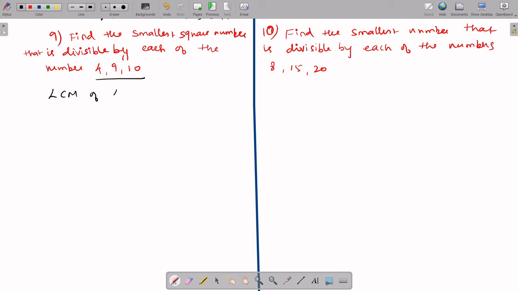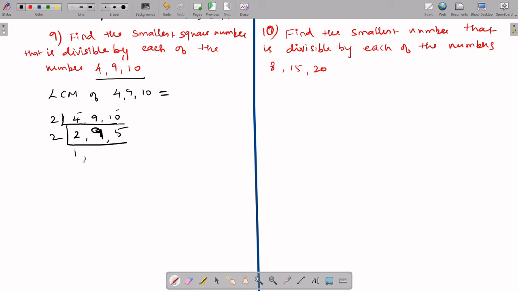So we have to find the LCM of 4, 9, 10. How will you find the LCM of 4, 9, 10? 4, 9, 10. This goes with 2, so 2 2s are 4. You retain 9 as it is. And 5 2s are 10. Again this goes with 2, isn't it?